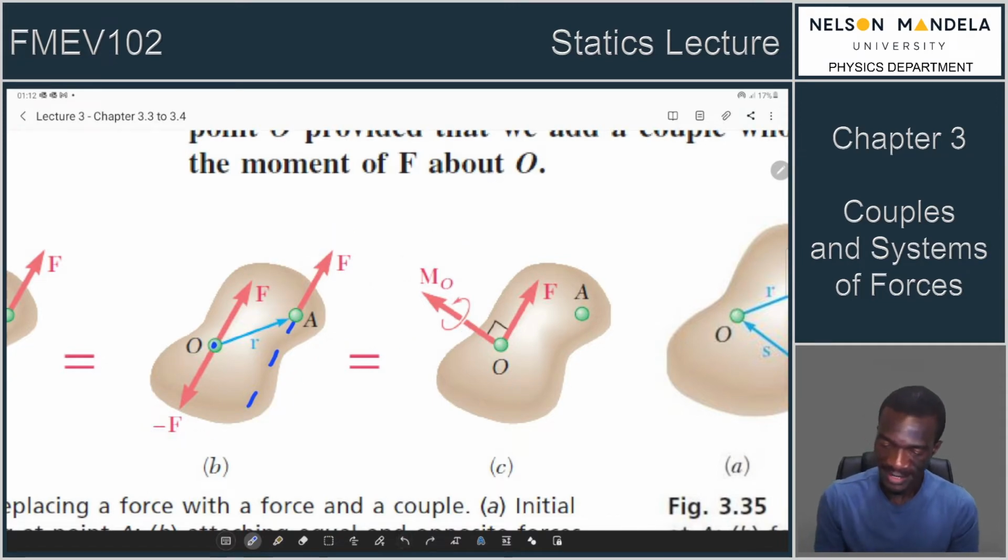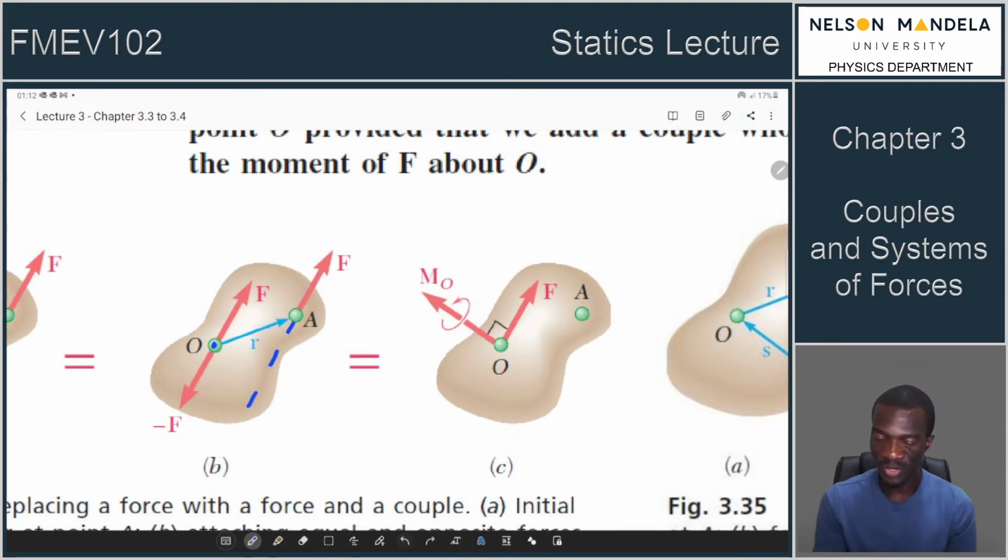For this reason, in part C of the figure, you now have an equivalent system, which is made up of the force which we transferred from point A to point O, and the couple which was generated by the existence of this force and its counteracting force.